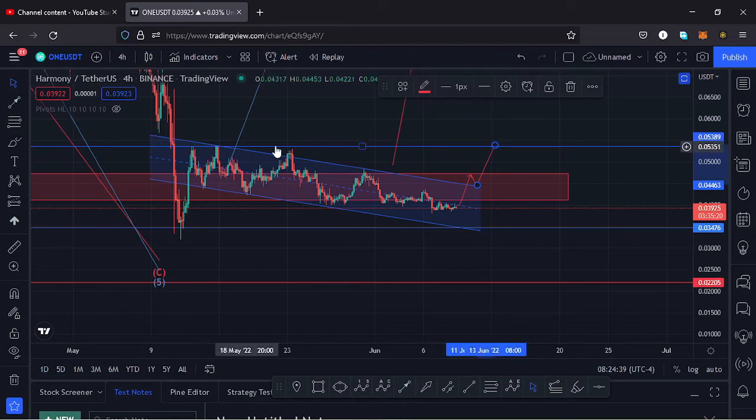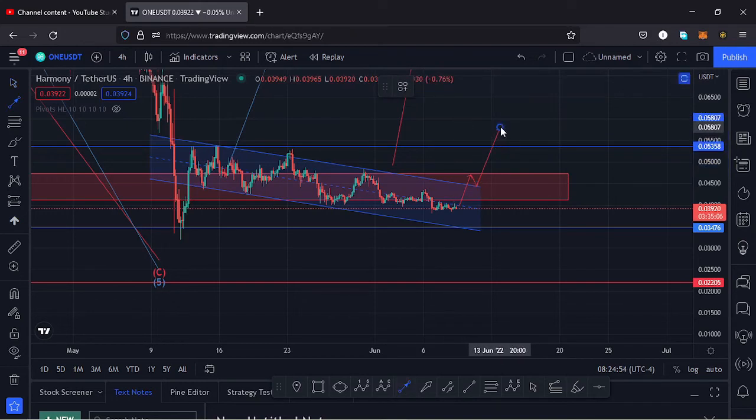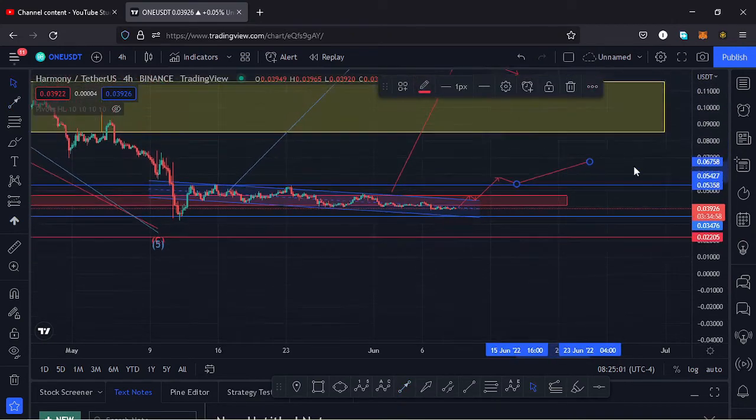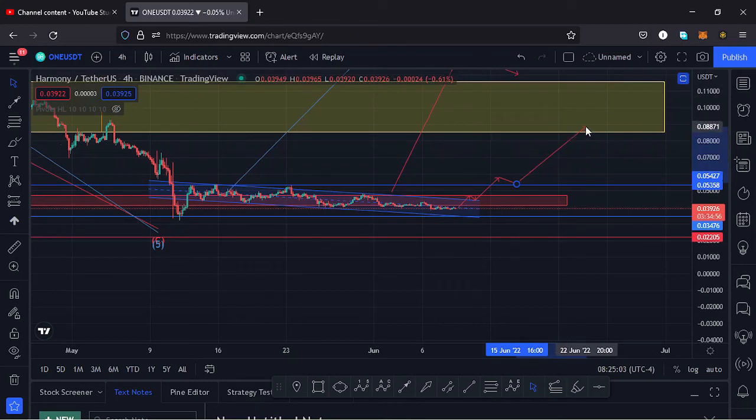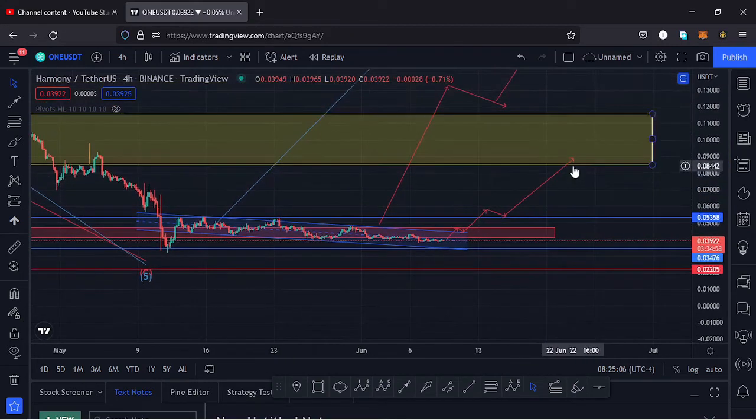This is a key area of resistance where Harmony One has tried to break above a number of times and the breakout was not successful. So if we go to that area and maybe manage to break above it, it's possible for us to have a successful retest of that area, and once you see a successful retest, then we can continue pushing the market higher and go to around the $0.08 mark and the $0.11 mark, which was my previous target area for the wave C of the Elliott wave pattern.